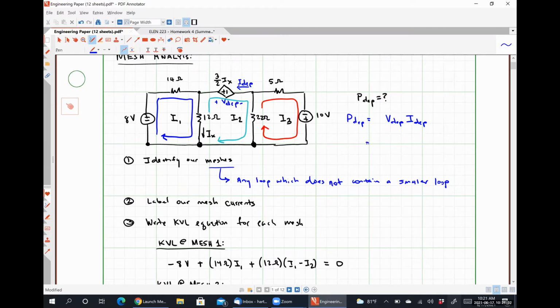I can see that VDEP, the voltage drop, is just 3/2 IX. So that's going to be 3/2 times my mesh current I1 minus my mesh current I2, because I already know that IX is mesh current I1 minus mesh current I2. So how is I dependent related to our mesh currents?